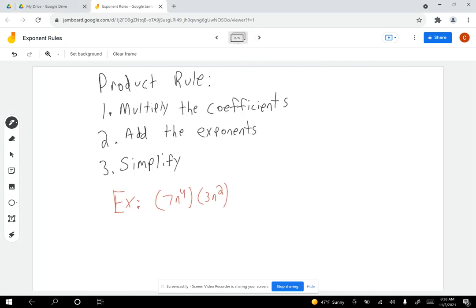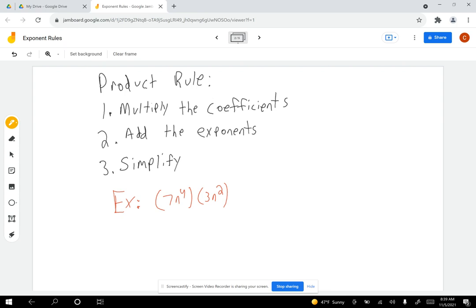Looking at the product rule, there are three big steps when working with the product rule. The first step is to multiply the coefficients. In case you're not aware of what the coefficients are, these numbers right in front of the variable. So 7 and 3. Now, once you multiply your coefficients with your exponents, you're going to add them.